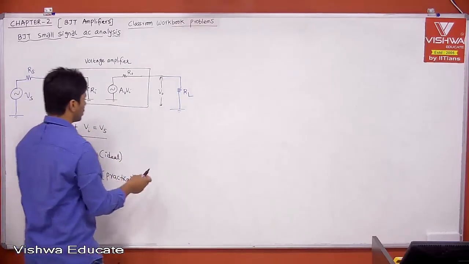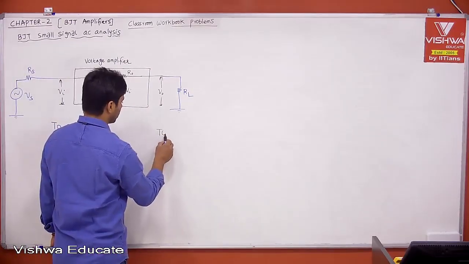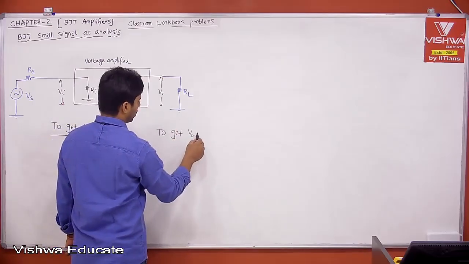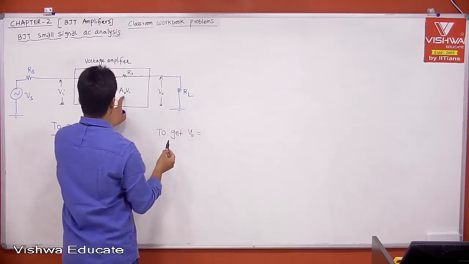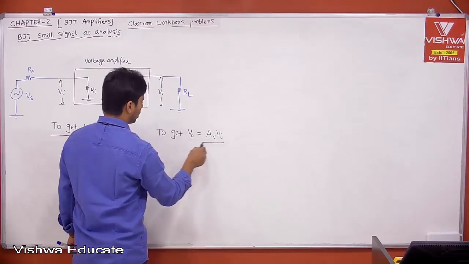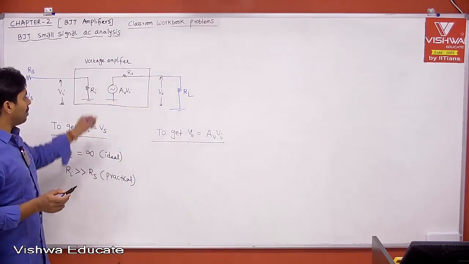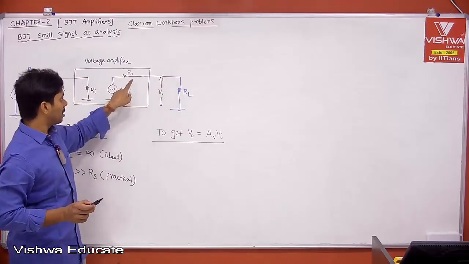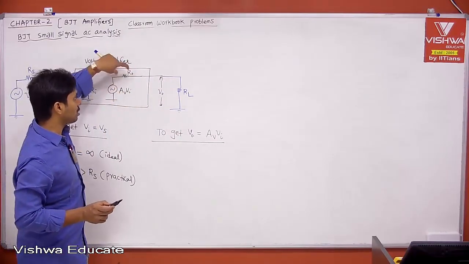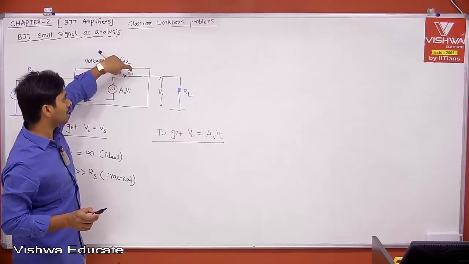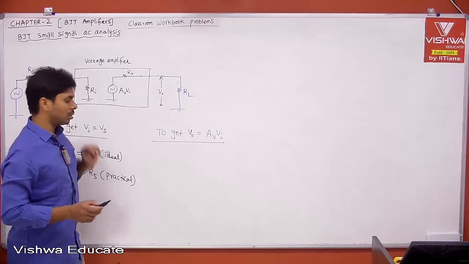Now, coming back to the output side, what I want to get is V0 equal to AV into Vi. Whatever signal can be amplified by your amplifier, I want to apply that entire voltage to your load, but because of R0 there is some drop across R0, and we don't want to see any drop across R0. If you don't want any drop across R0, what should R0 be?